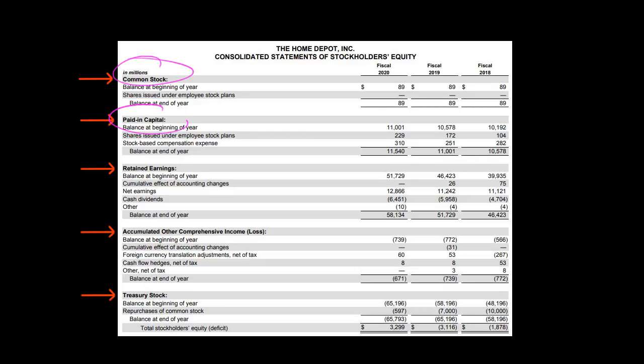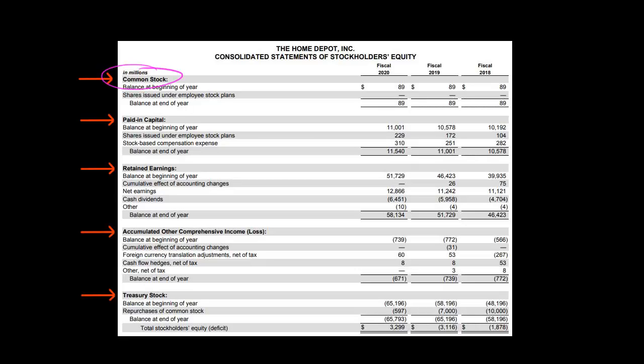We've got common stock and additional paid-in capital. Remember, those two together represent amounts that were put into the company by investors, so that's contributed capital. They contributed money to Home Depot in exchange for stock. Now we've got retained earnings, accumulated other comprehensive income, and then treasury stock. Remember, treasury stock just means the company bought back some of its own shares.